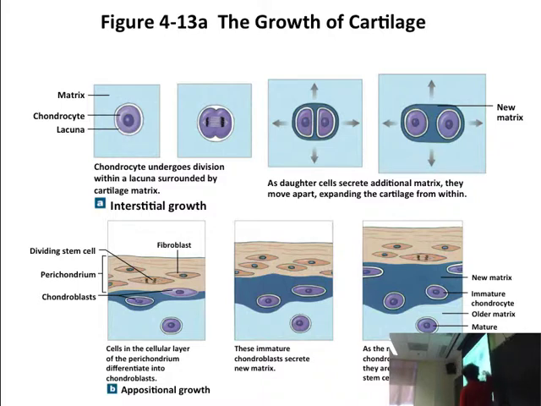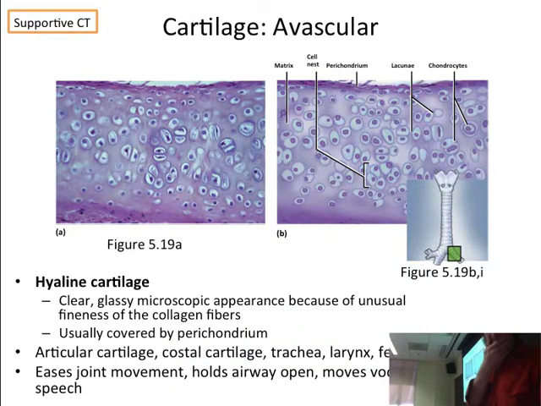And then you can also have this appositional growth, where this is the perichondrium, the fibrous layer and the cellular layer, and the chondroblasts, the cartilage stem cells, begin to divide here and migrate this way into the body of the matrix of the cartilage. All right, I think I've hit the point that it's avascular.